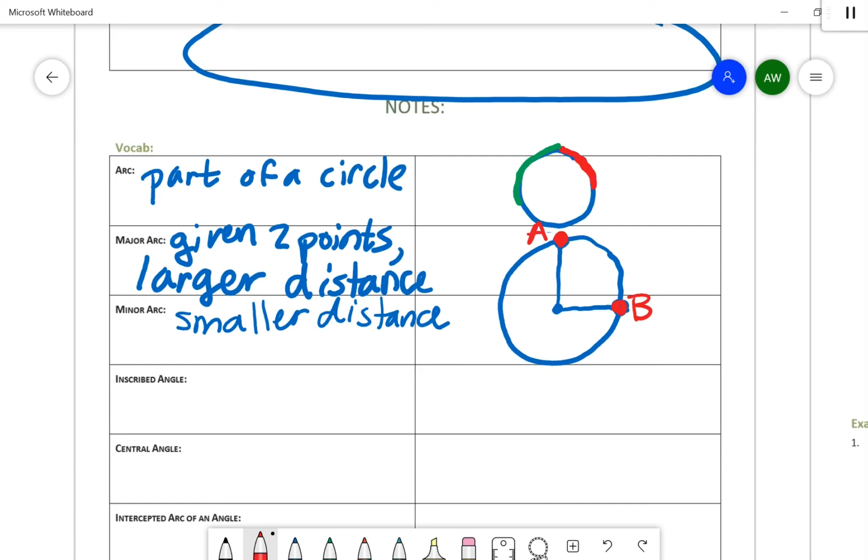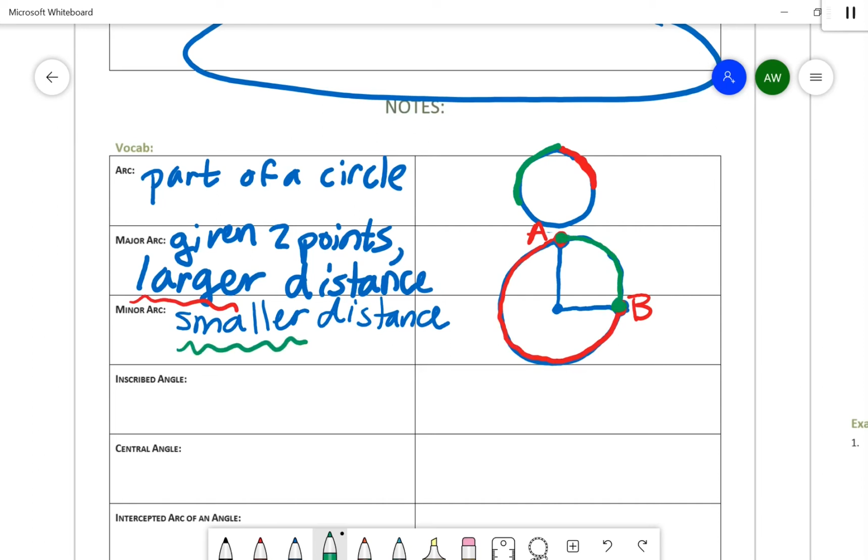So that's the bigger arc. My major arc is this red one that I drew here. And my minor arc, it's still between point A and point B, but it's the smaller arc.